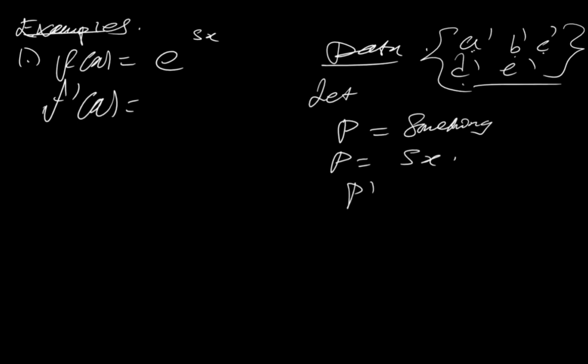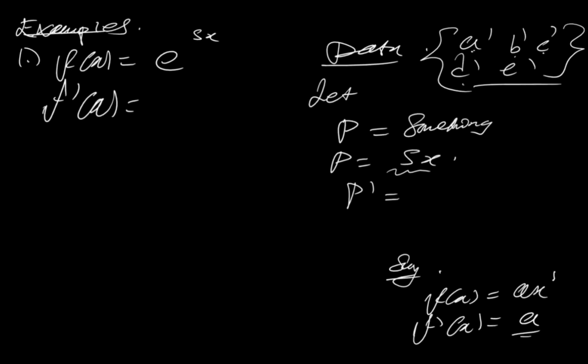So p prime is equal to, remember, we said if f of x is equal to ax, provided that the power is 1, then f prime of x is just equal to a. So here the derivative will be 5. So remember, it should be the derivative of something, so the derivative of something is p prime.